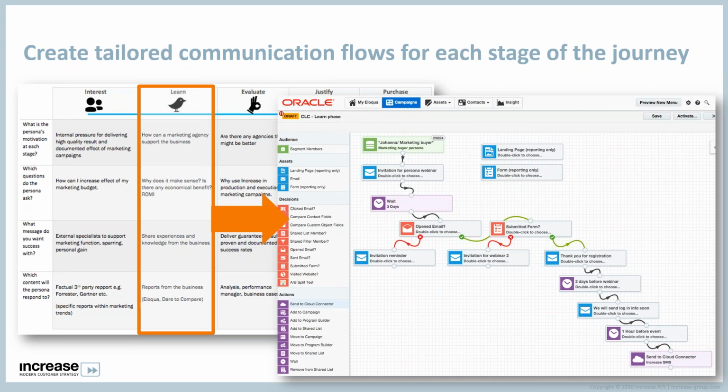flow in Eloqua supporting the journey that she's going through. So when you want to make sure that she's moving up through the different stages, you have just created a lot of content in Compendium and shoot it out through Eloqua.